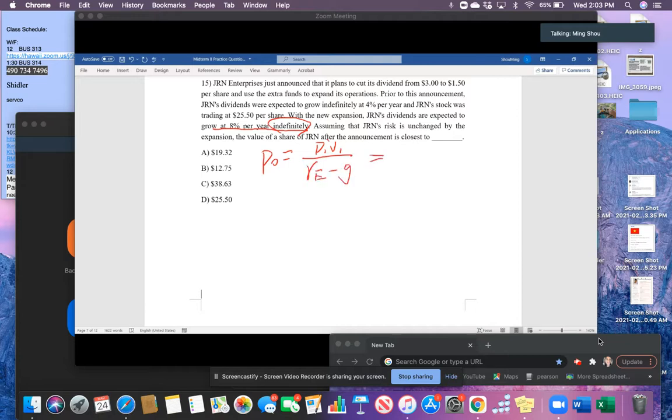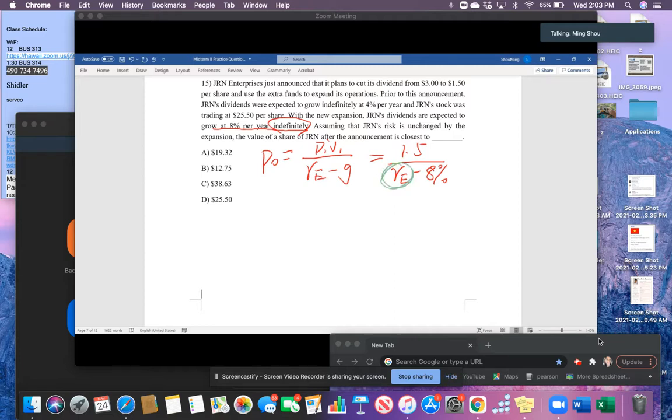We already know after the announcement, the dividend will reduce to $1.5, right? But we didn't know the RE, we didn't know the discount rate, okay? But we know the growth rate equals 8%. So to calculate the stock price after the announcement, we really need to figure out what is the RE.